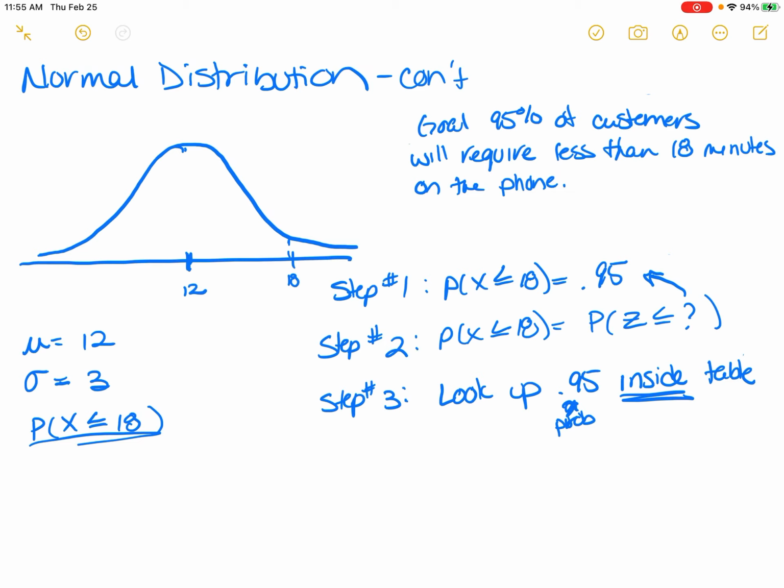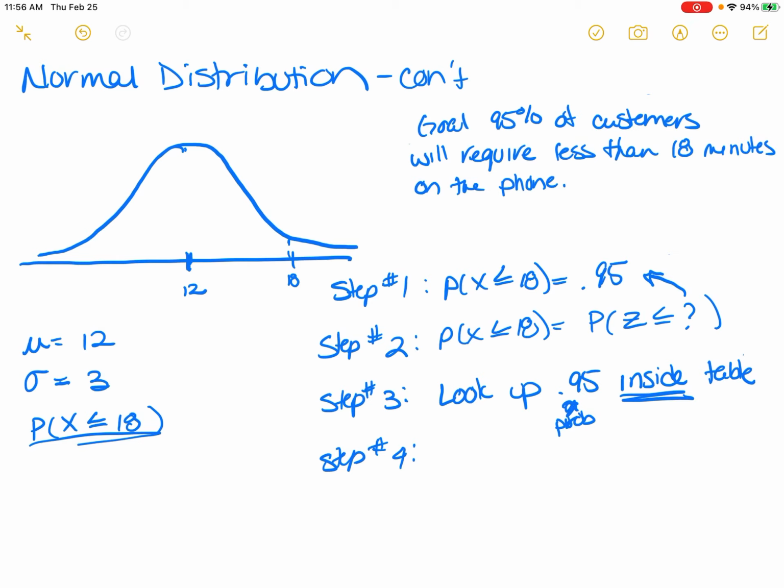There's a more complete table in the appendices for this book. So if I were to look in the table and try to find where the probability is actually equal to 0.95, I'm going to find that it's 1.6 on the left-hand side, and that 0.95 falls smack dab in between 0.04 and 0.05.